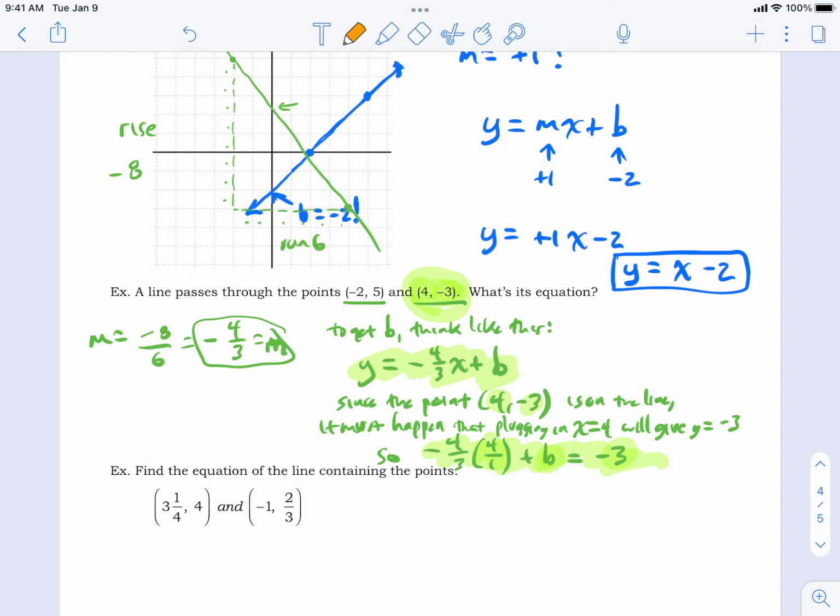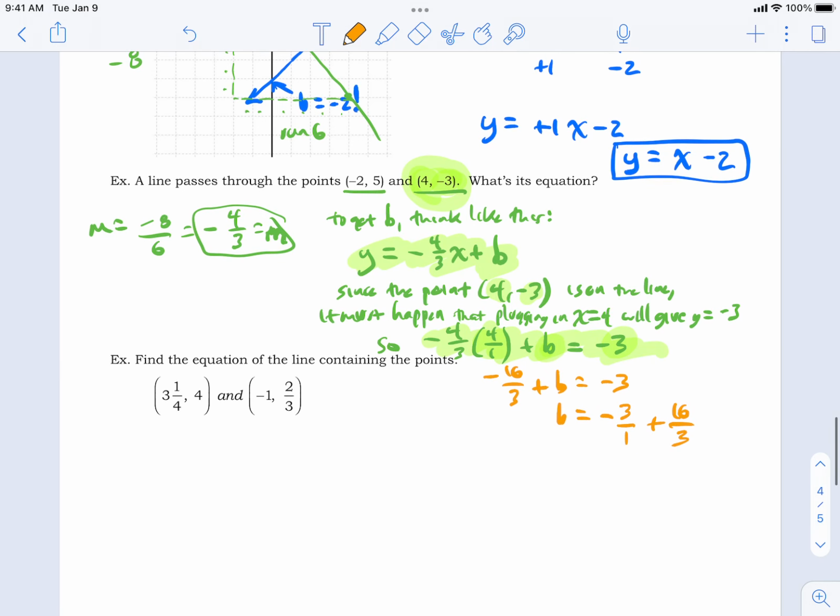If I multiply these two, I get -16/3 plus b is equal to -3. So you have to add the 16/3 on both sides. So -3/1, I'd have to multiply by 3 top and bottom, plus 16/3, which is 7/3.